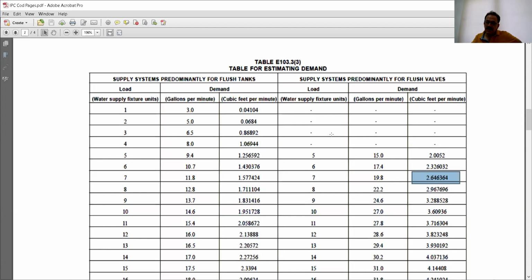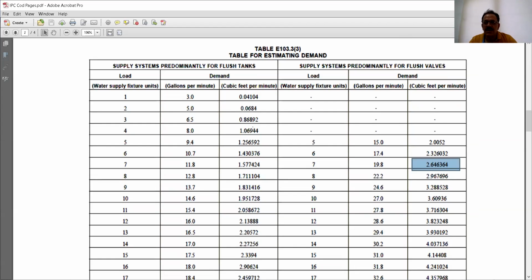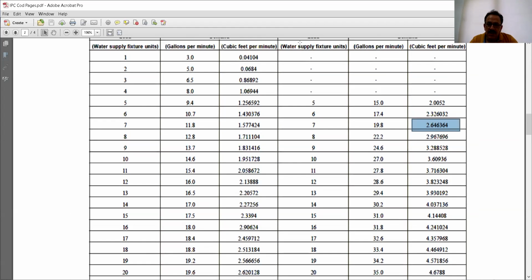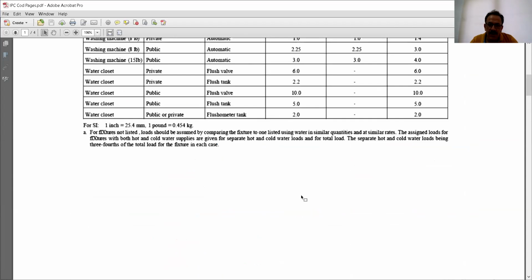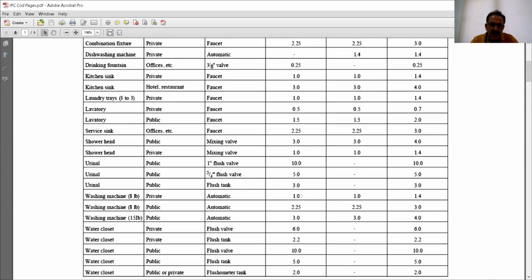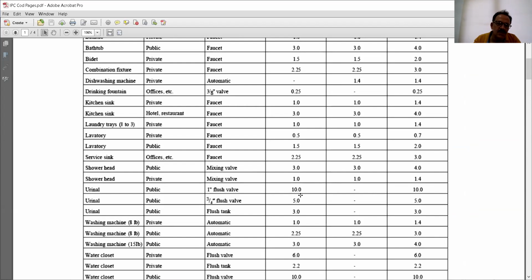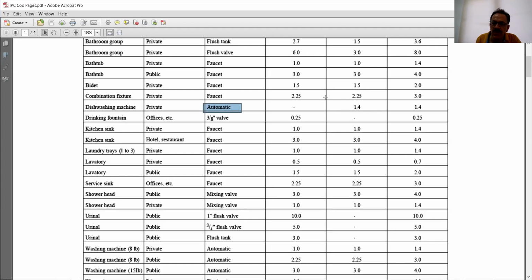Now, this is how to calculate the loads. I want to remind you about the other units, for example, the dishwashing machine. A dishwashing machine in a private house, if it is automatic, is designed to use 1.4 fixture units.